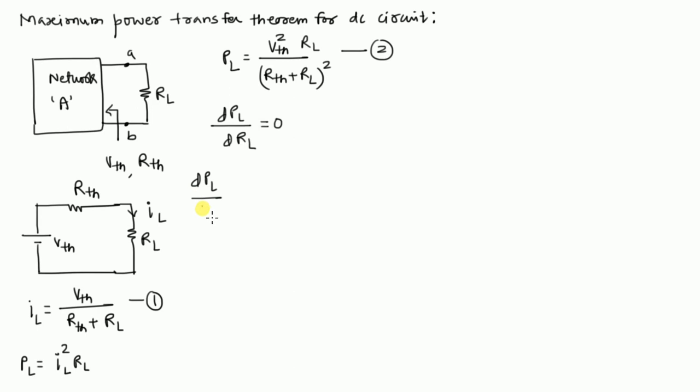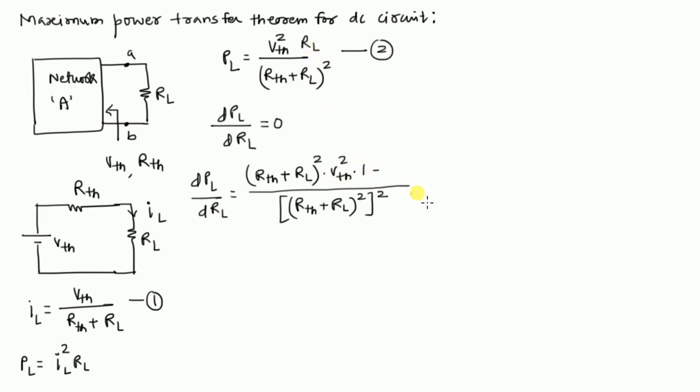So the differentiation of PL with respect to RL is, square of denominator polynomial, which is (RTH plus RL) to the power 4, and then denominator (RTH plus RL) square, differentiation of numerator, that is VTH square, differentiation of RL is 1, minus numerator into differentiation of this denominator, that is twice of (RTH plus RL). Now we will equate this to 0.